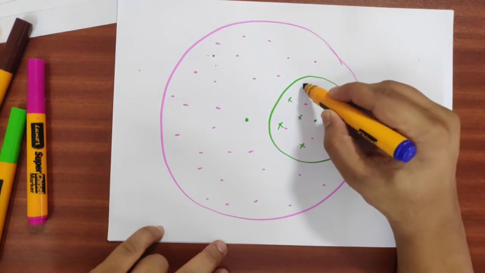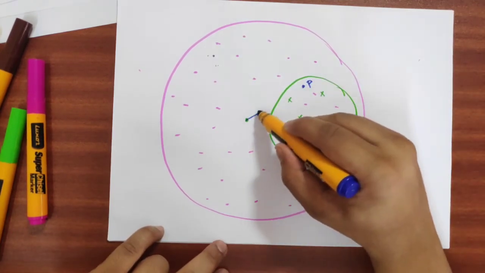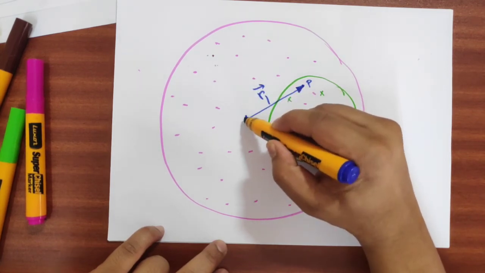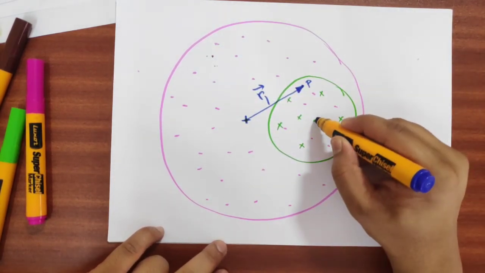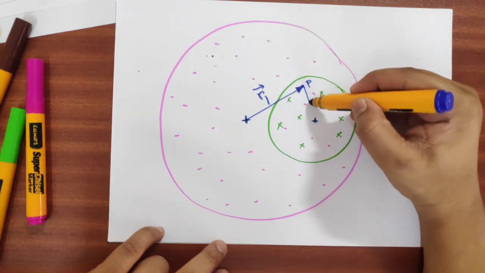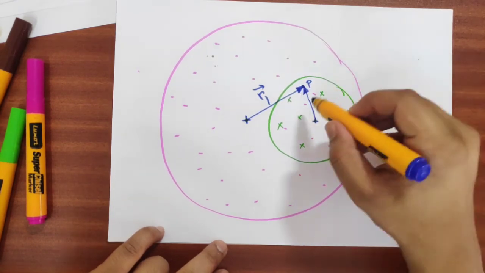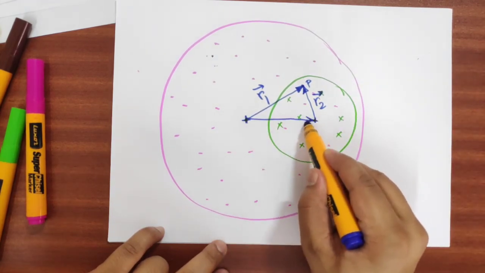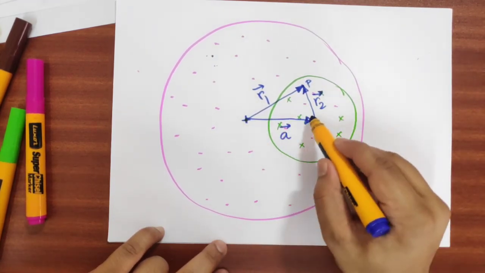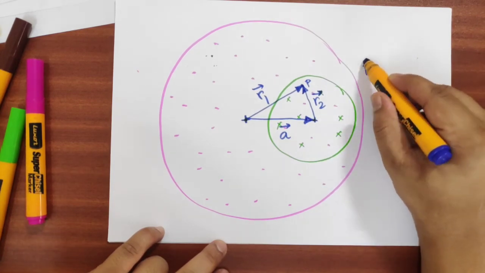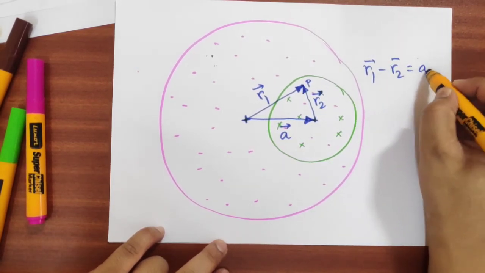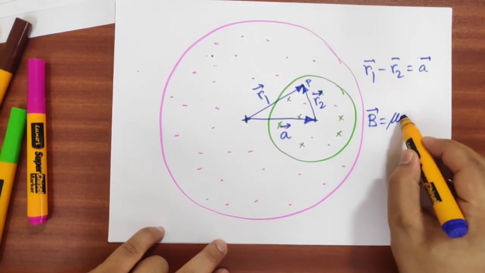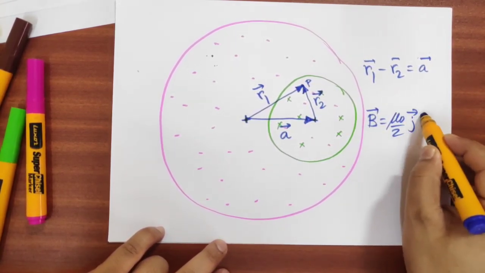We have chosen a point P here, with position vector R1 with respect to the center of the large cylinder, and position vector R2 with respect to the center of the cavity, and this is A. So R1 minus R2 is equal to A, and the magnetic field is mu naught by 2 into J cross A.